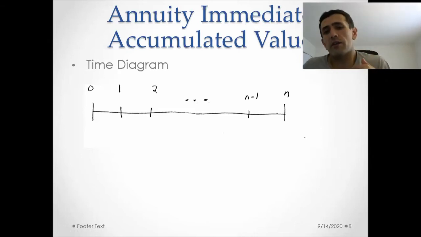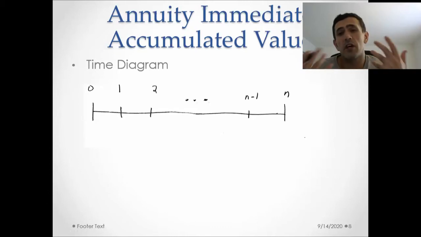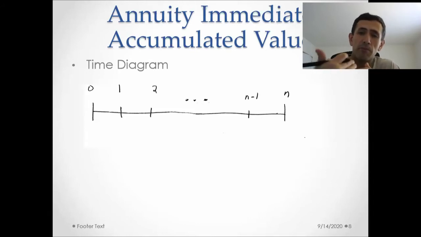Practically, you could be a mortgage company taking in payments of P at the end of each month. Right when you get those payments, you invest them into some account earning J per period, or J per month in the case of a mortgage. At the end of maybe 30 years, 360 months, how much do you have based on depositing this amount at the end of each month and letting it accrue interest?